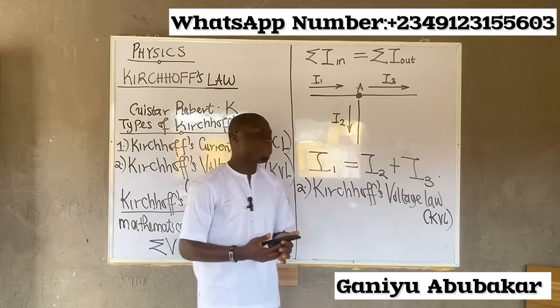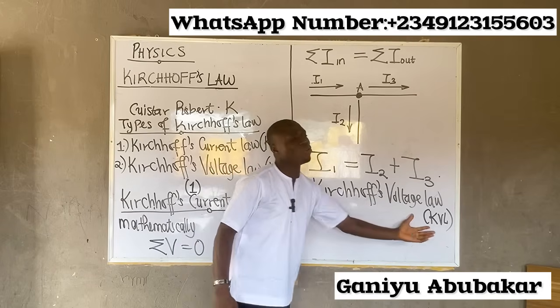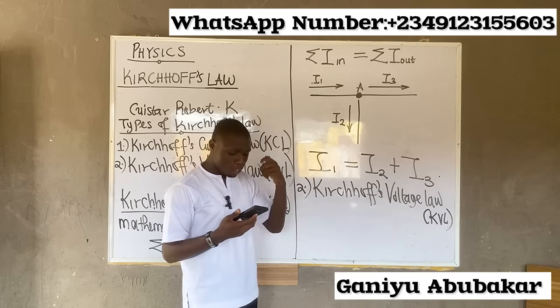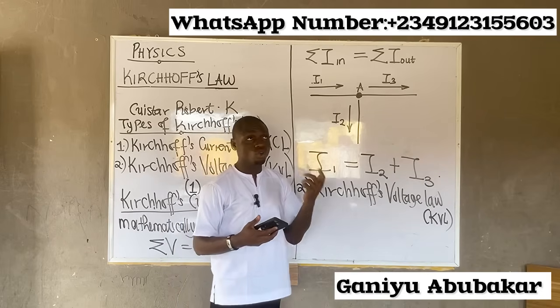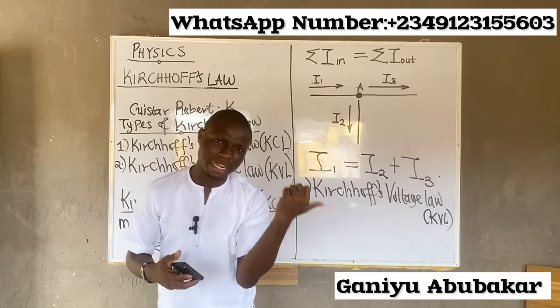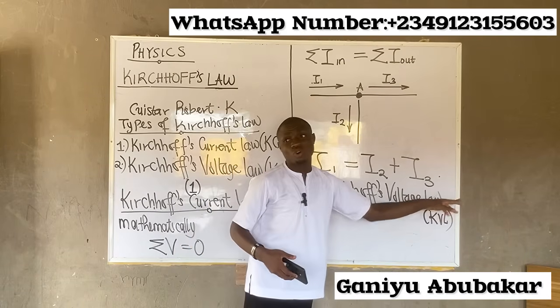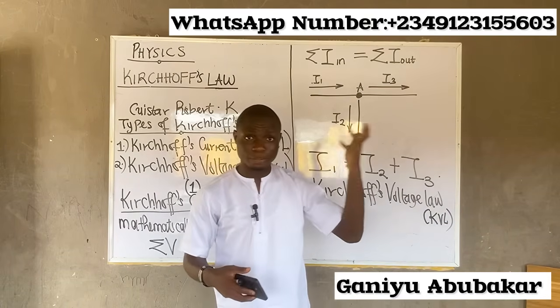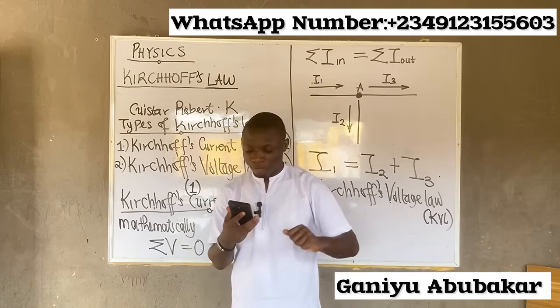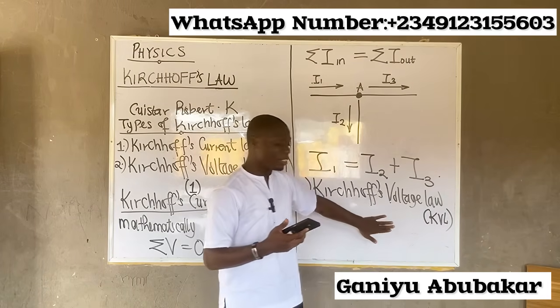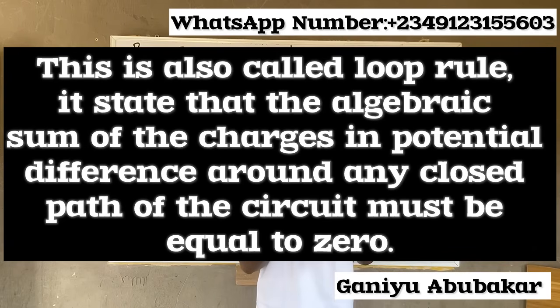Also bear in mind that Kirchhoff's voltage law can be called the loop rule. We'll look at loop and mesh in our next class. So put this under this, saying it is also called the loop rule.